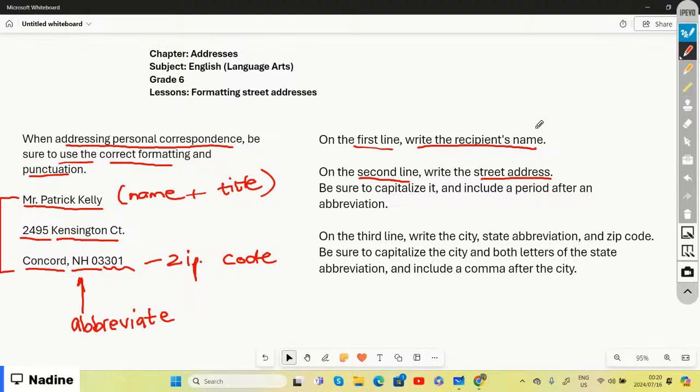All right. And when we, for example, write down our street address, the house number also, right? Then it means that we need to also keep in mind that we need to capitalize it, and we need to include a period after an abbreviation.